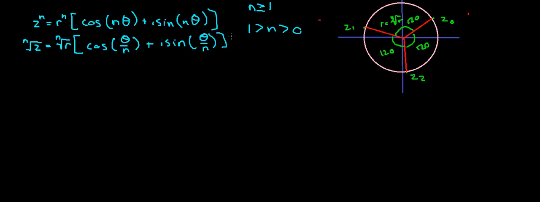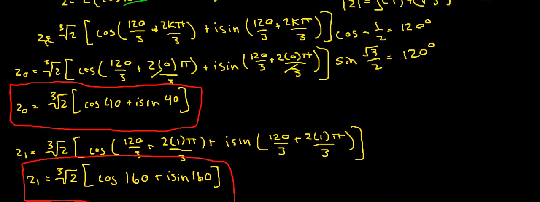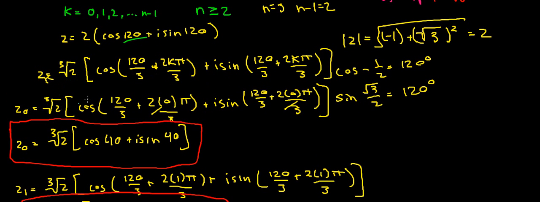So now I have pretty much a functional formula for finding a complex root. If I were to use this formula, it would give me one complex root. And in fact, if I compare this to z0, that's essentially what I did. Since k is equal to 0 here, I'm basically just taking my angle and dividing it by n. And then here's the r, and here's the n, and here's the other n as well.